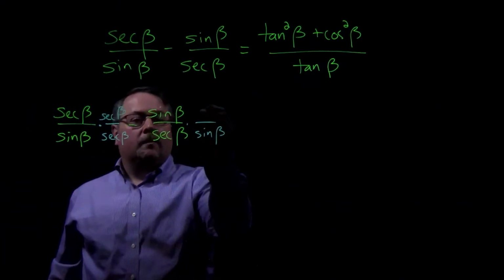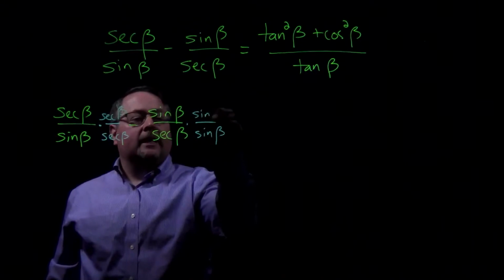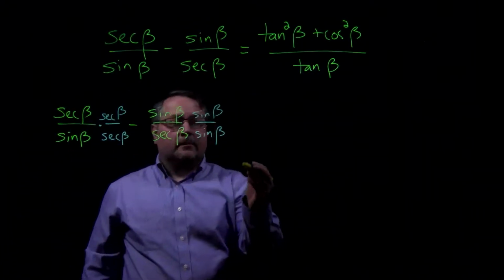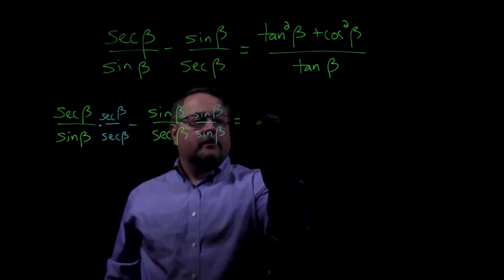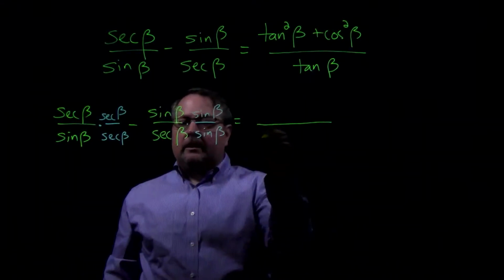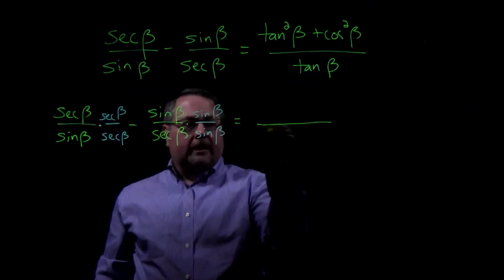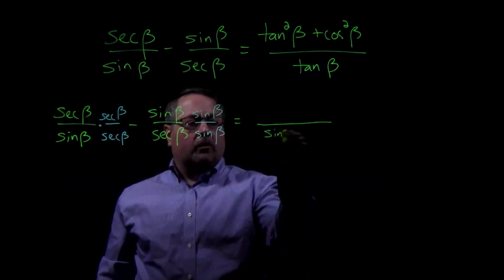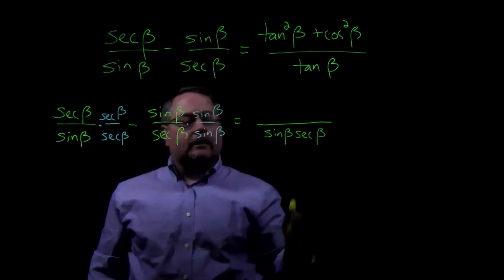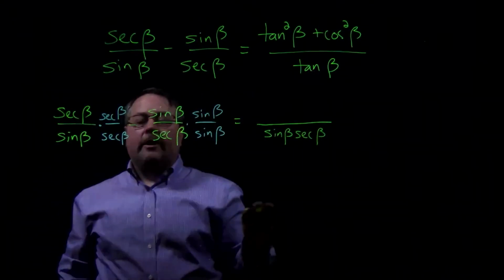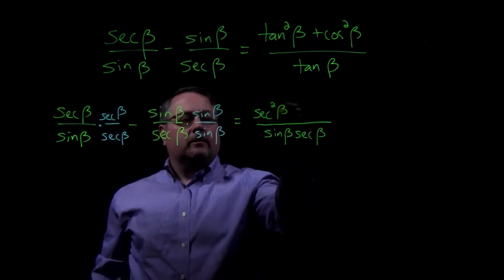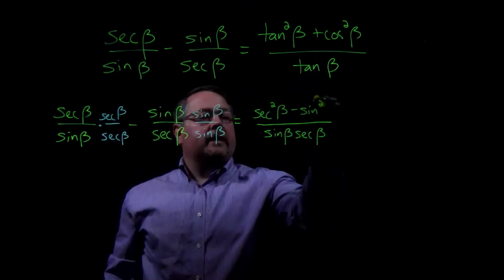Take the second term and multiply the top and bottom by sine beta. Okay, so then we end up with a single fraction, because our denominators are the same here. Single fraction will be over the denominator sine beta times secant beta. Now we subtract our numerators and we get secant squared beta minus sine squared beta.